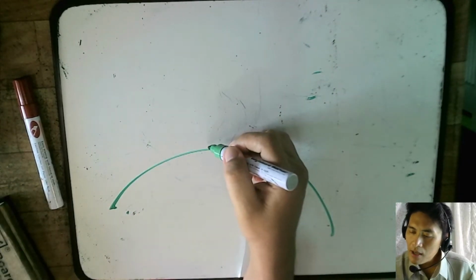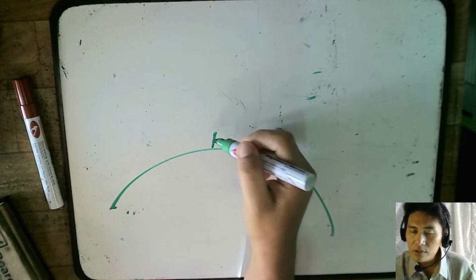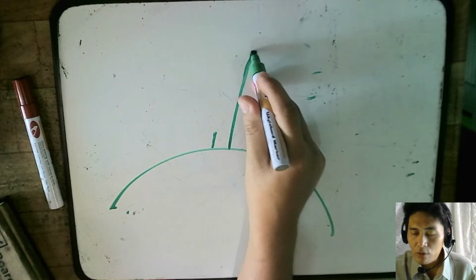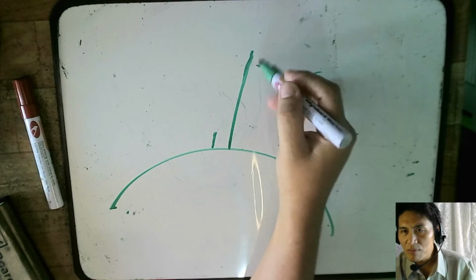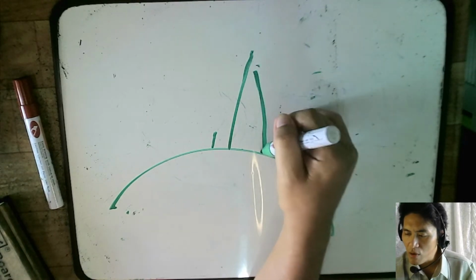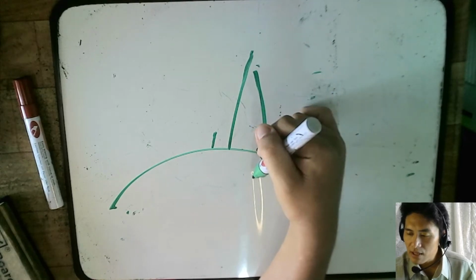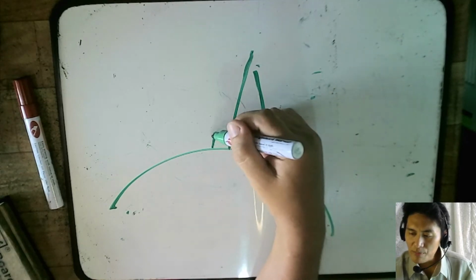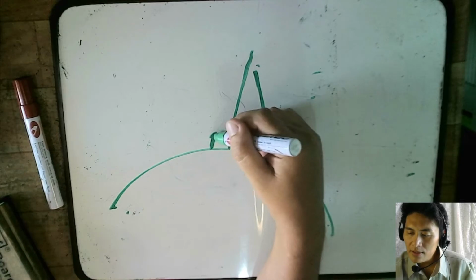If you have a long pole, and if you have a longer pole, that longer pole, because it's heavy, its tendency is to fall over towards the ground, right? If you have a shorter pole, it's not that heavy.